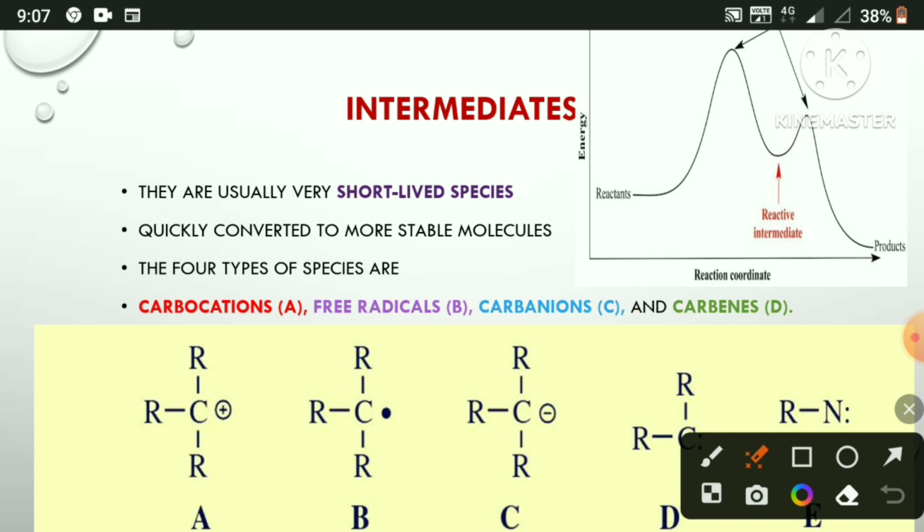The third one is carbanion, a negative charged carbon. It's a trivalent negative charged carbon. And the fourth one is carbene. Carbenes are neutral carbon having 2 electrons. And nitrenes, the nitrogen also has 2 unpaired electrons.